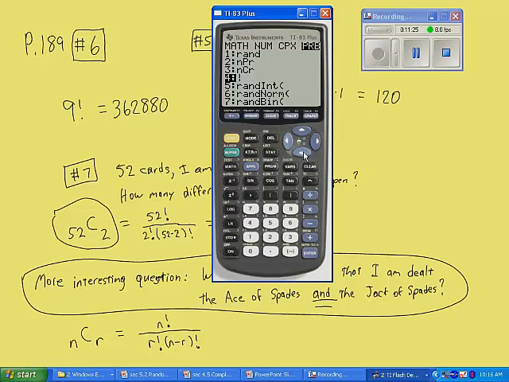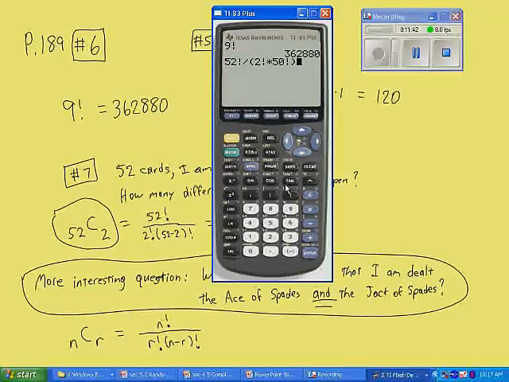Of course, funny thing is, what's 2 factorial? Just 2. So I guess I didn't really need that. Times 50 factorial. 52 factorial divided by 2 factorial times 50 factorial equals, wow, 1,326 different ways that I could get 2 cards dealt to me.